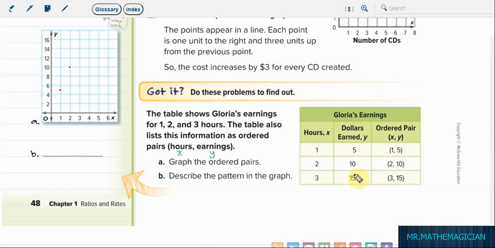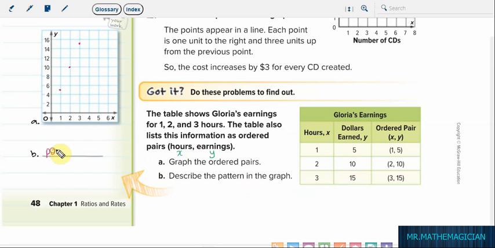This is 2 and 10. 3 and 15, 3 along the x-axis, 15 along the y-axis, exactly in the middle between 14 and 16. And these points appear to be on one line. And also Gloria's earnings are increasing by 5. So describe the pattern in the graph.